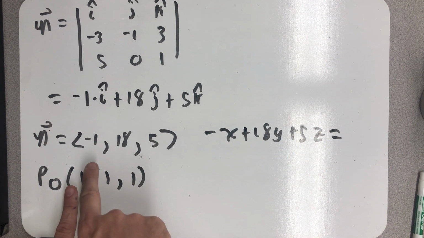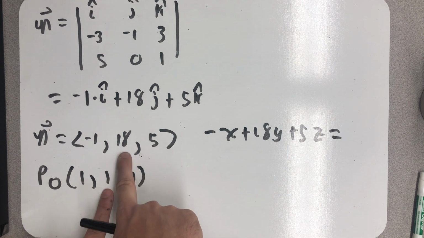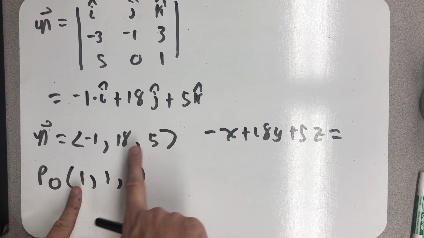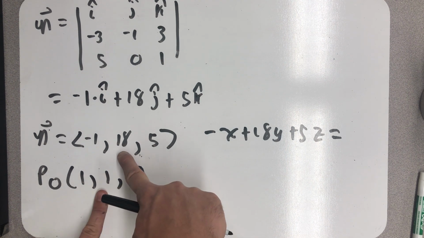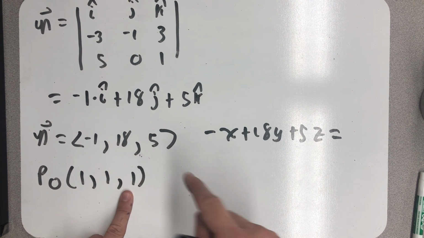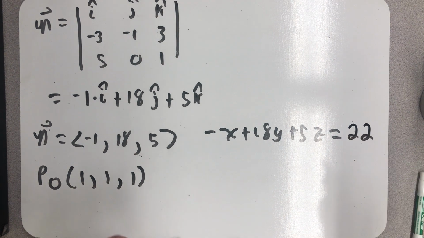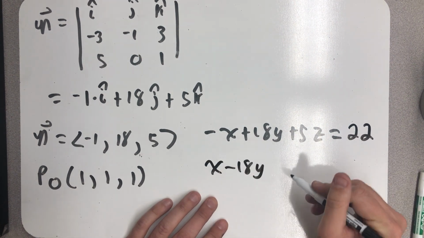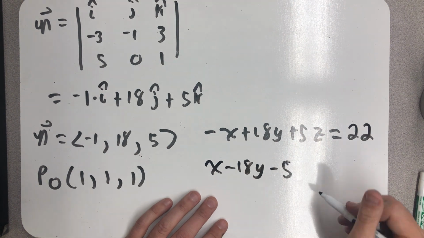So I just need to add together minus 1, positive 18, and positive 5. And let's see, minus 1 plus 18 is 17, plus 5 more is 22. And so there's the equation of my plane, which would be just as well to write down like this.